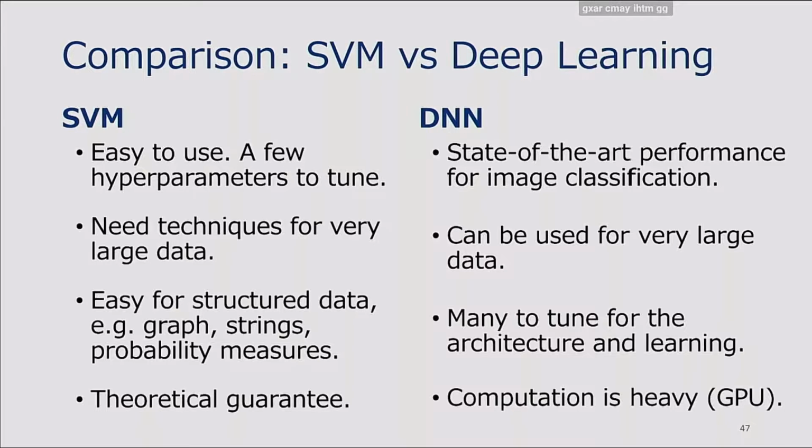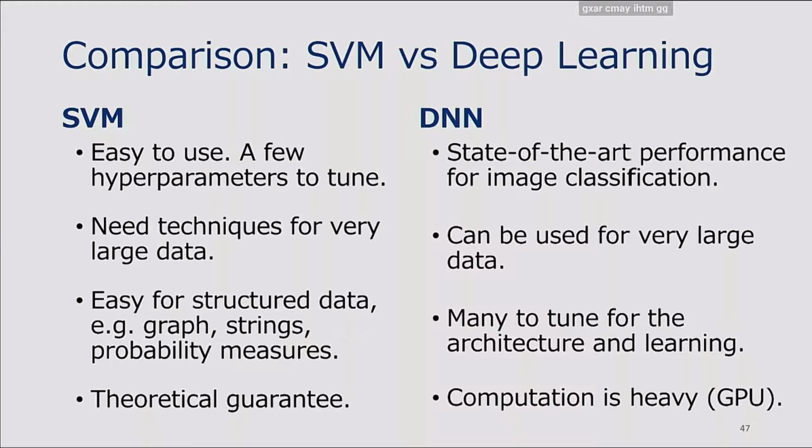And obviously for a very large data set, deep learning needs a very deep network, and the computation is very hard, and we typically need GPU. The computation of support vector machine is much easier. Another advantage of the support vector machine is it's very easy to use for structured data like graphs, strings, and sometimes probability measures.